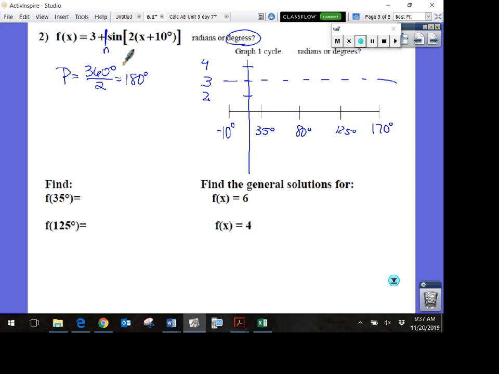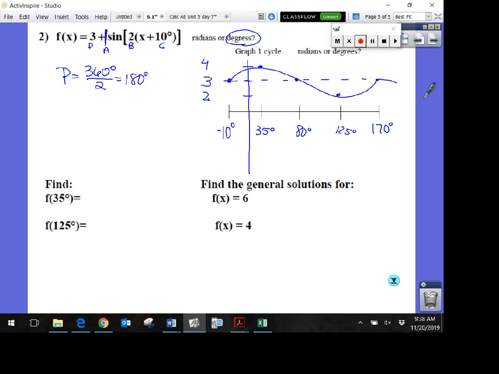This was our A value, our B value, C value, and D just happened to be out in front. It can be in front or the back. And sine starts in the middle. It's positive, so it goes high, then back to middle, then low, back to middle. So there's one cycle of that sine graph.